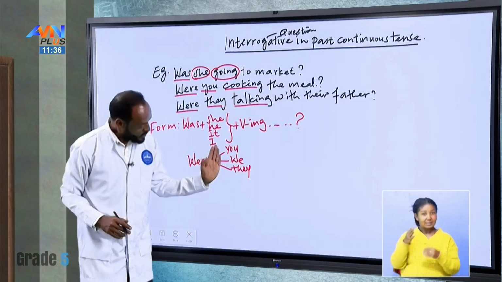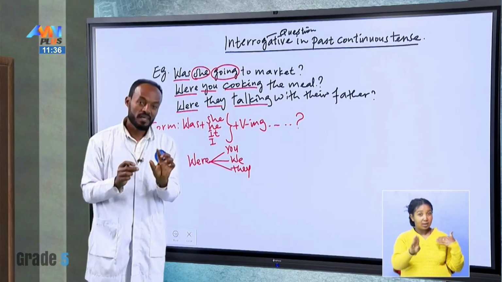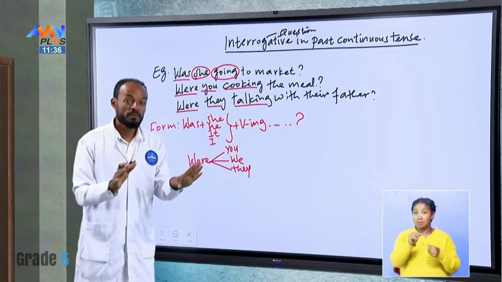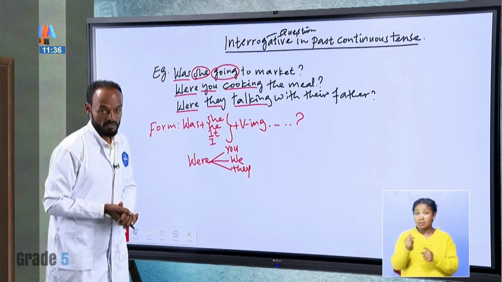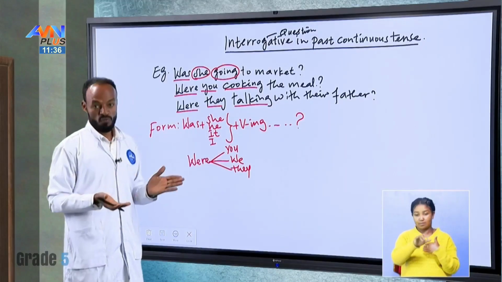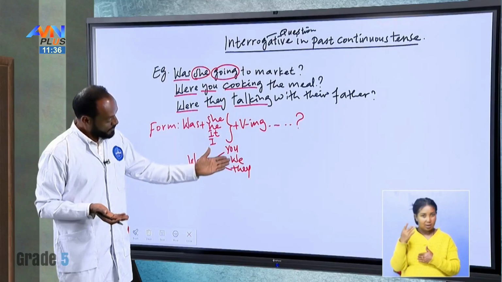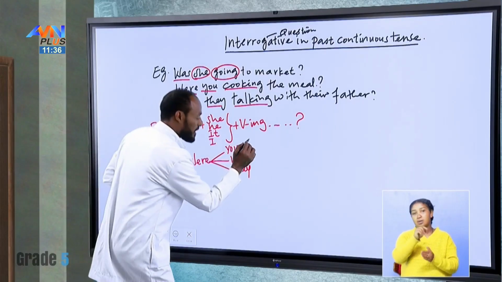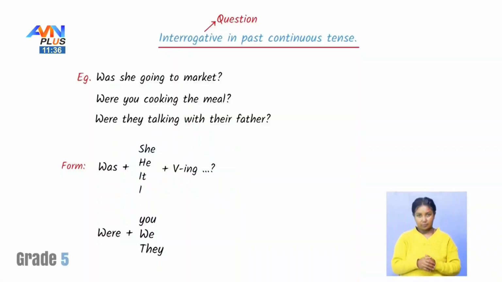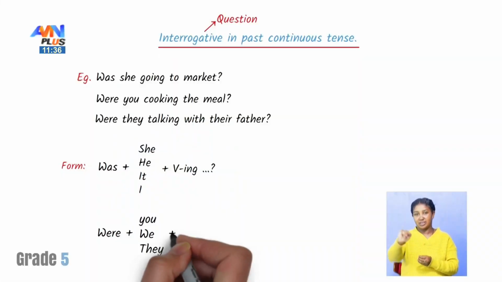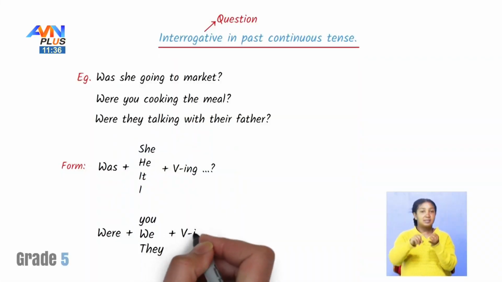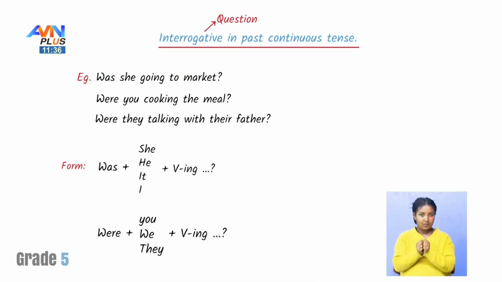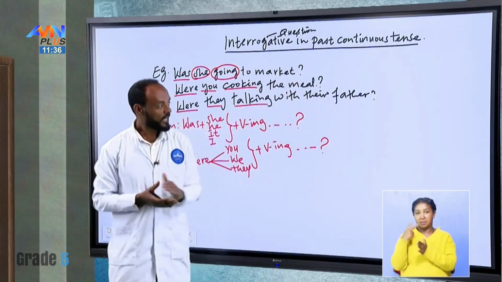The subject should be started with a small letter if they are not nouns and if they are not the name of a person or the name of a country and so forth. Just if they are personal pronouns, we have to start with a small letter. Then plus verb ing, and at the end of such a sentence there should be a question mark. Here are the examples. I hope it's clear.